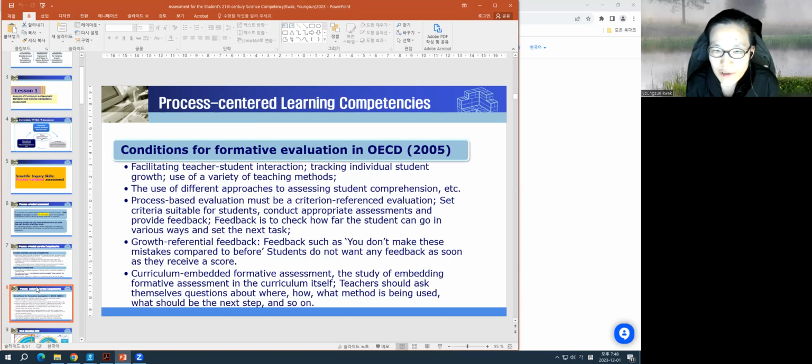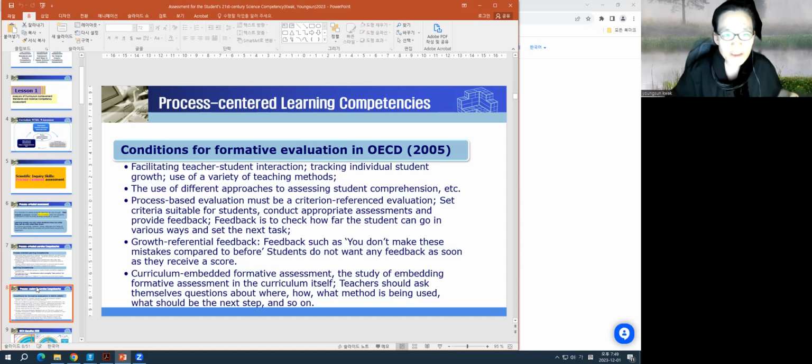Scientists are producing or developing a new science knowledge. But in a classroom setting, students are experiencing what scientists have done to develop science knowledge, which is called the science inquiry process.